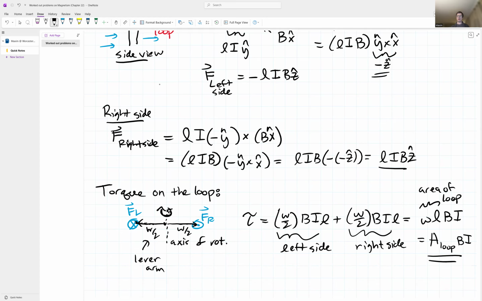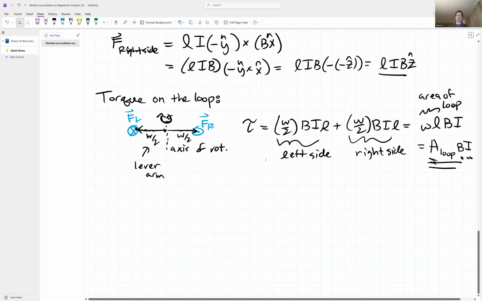So that means that the loop experiences a torque, meaning it's going to rotate in the presence of a current and a magnetic field. And the amount of torque you get is proportional to the loop area times the B field times the current that you put in. I guess we can check that the units work out, but it should be kind of clear, hopefully.